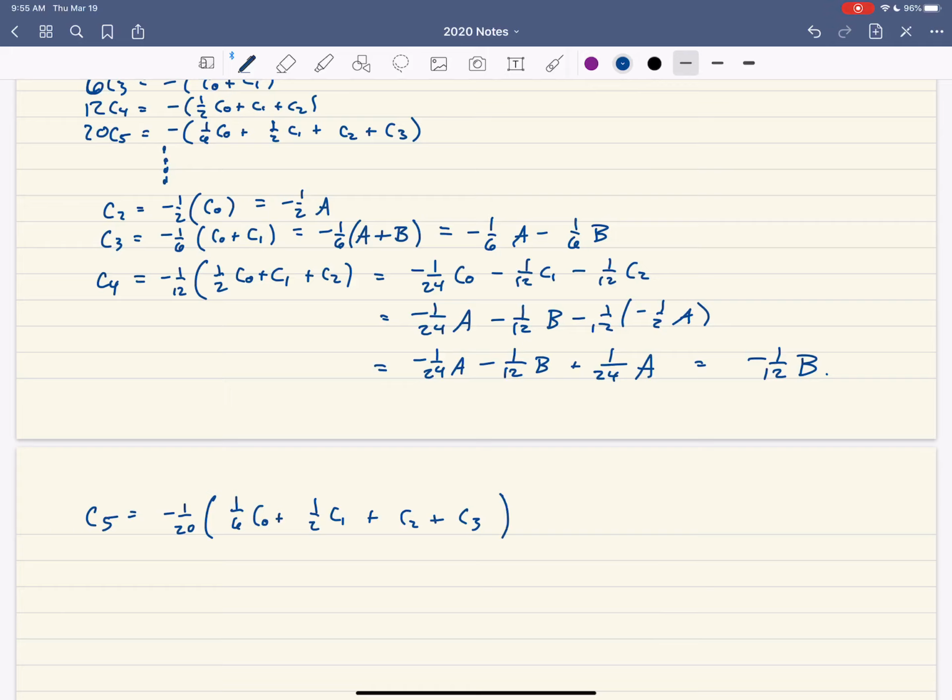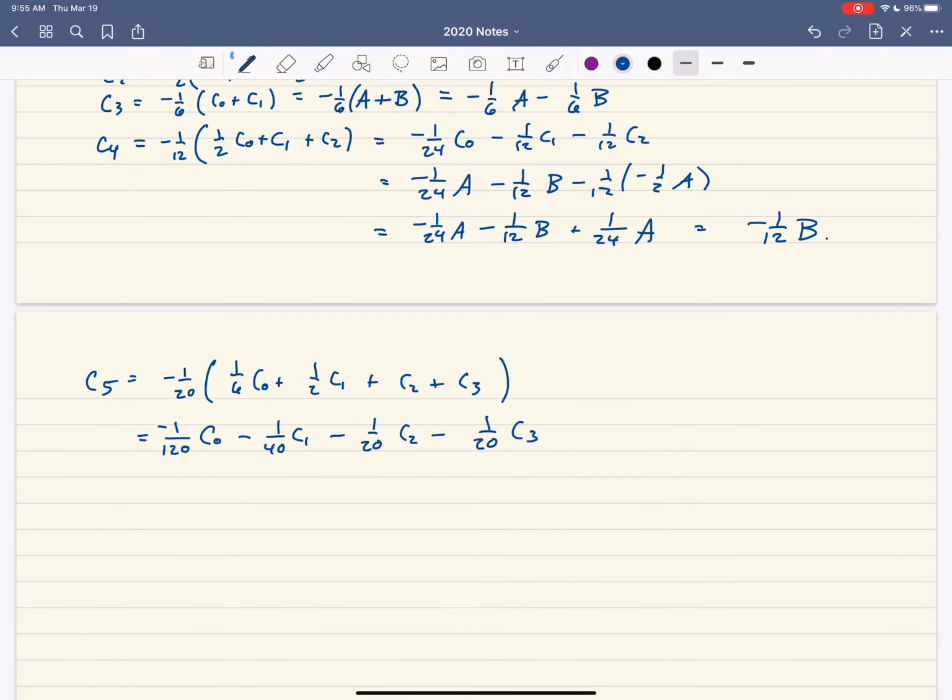So that means that we're looking at what? We're looking at negative 1/120 C0 minus 1/40 C1 minus 1/20 C2 minus 1/20 C3. And that is negative 1/120 times A minus 1/40 times B minus 1/20 times C2.